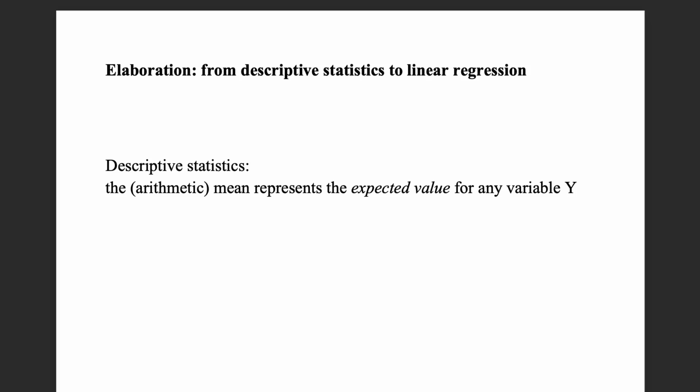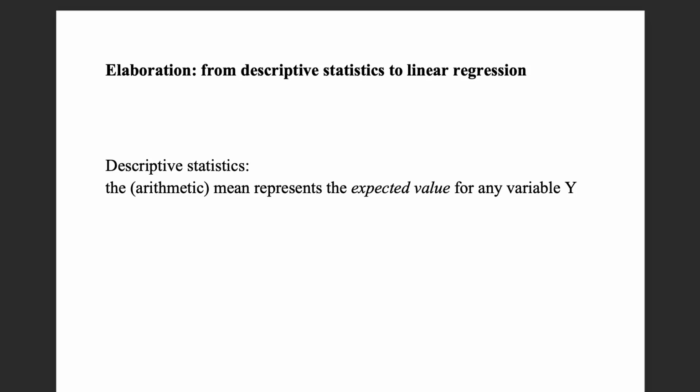What is the expected value? There's a very nice mathematical representation of that I could show you, and then you would probably really hate your life unless you really love mathematics. So I'm not going to do that, but I will tell you how you can think of this expected value on an intuitive level.